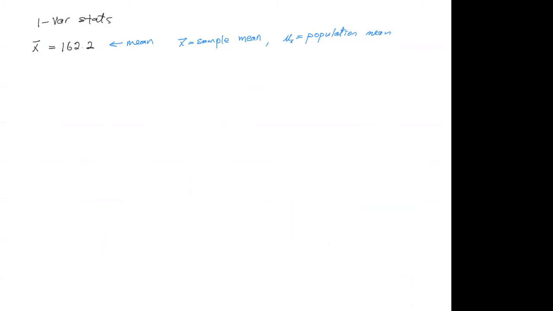Okay, so the second one, you should know what it is, correct? Do you know the meaning of this? This is 1460. This is called sum of x. Sum of all the data. Okay, what is the meaning of this?